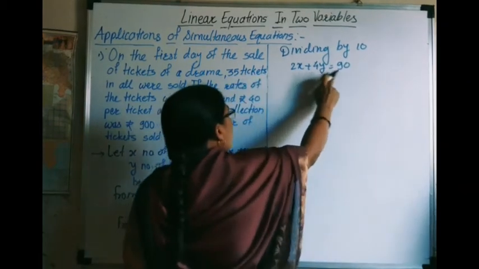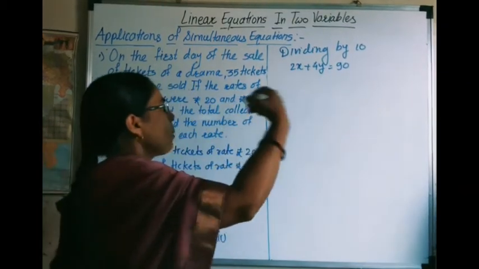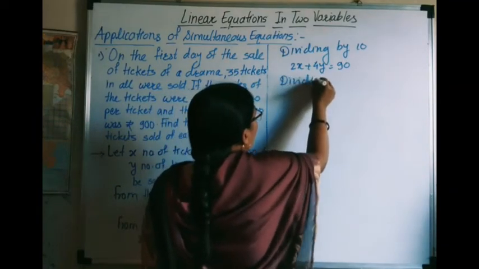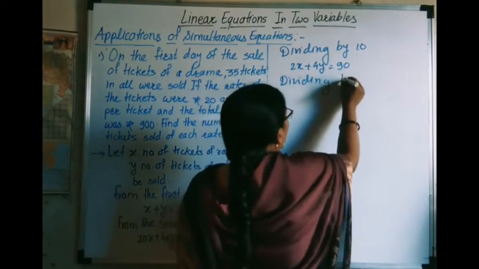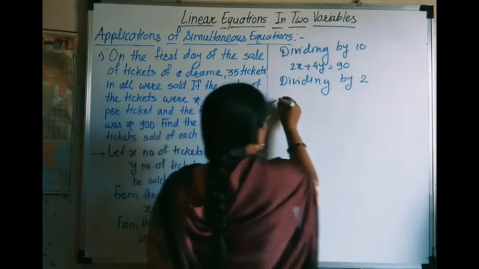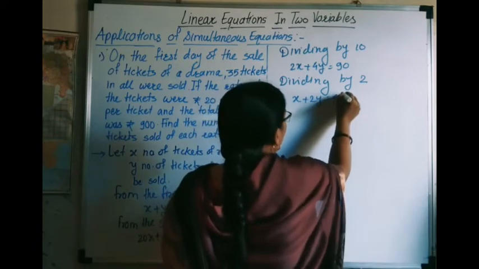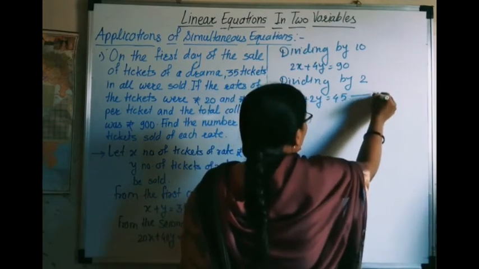Again here 2, 4 and 90 are divisible by 2. So divide this equation again by 2. Therefore we get x plus 2y is equal to 45. This is equation number 3.